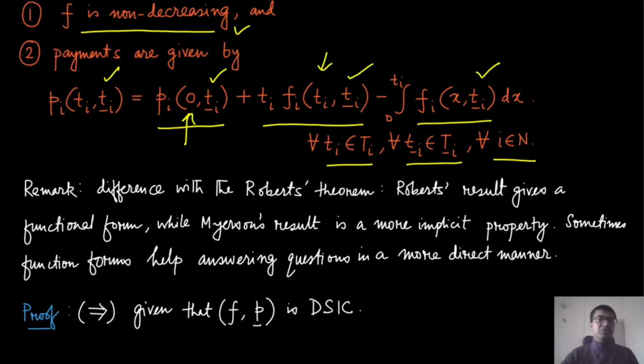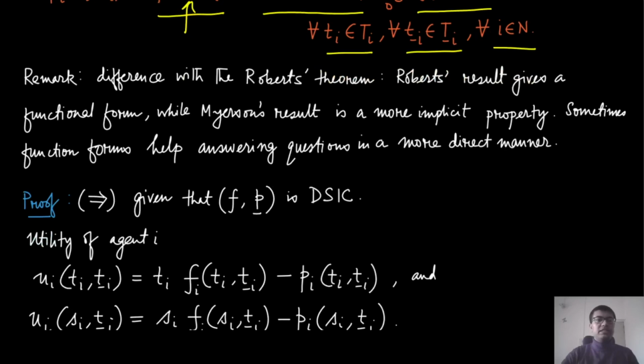It is a little implicit description, while Roberts gives you a functional form directly. But sometimes it is more useful to have a functional form, so Roberts' result might be of use in certain settings. Nevertheless, we'll see that this result has a very important implication in terms of maximizing the revenue. So let us get into that.